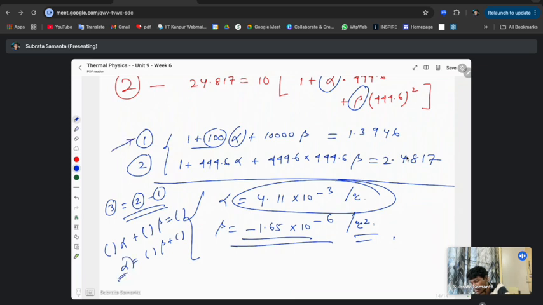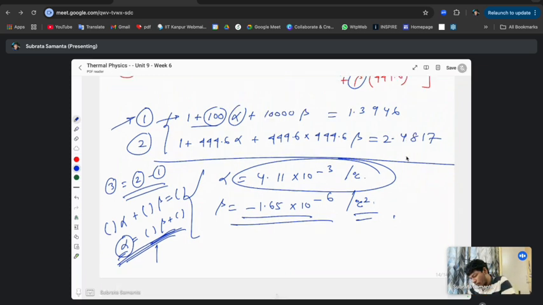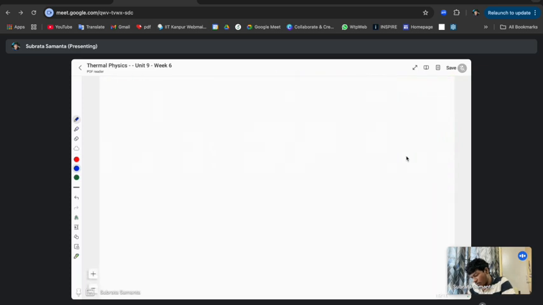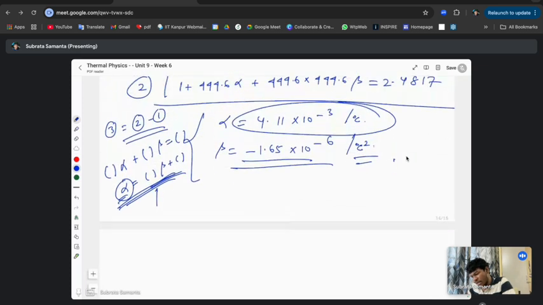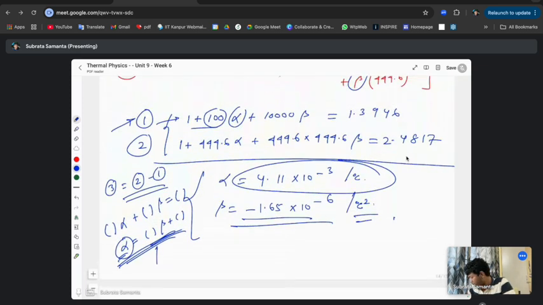We can get the value of beta. Once you know beta, we can use these equations to calculate alpha. So this is the way we can solve the coupled equations. It's like a linear equation, so it's very simple.